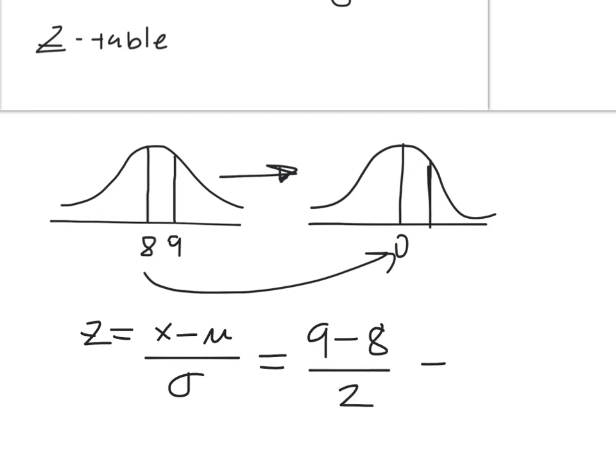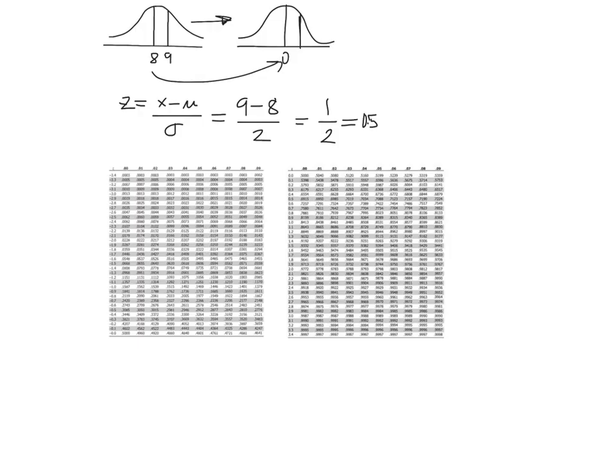So this is 1 over 2, and it's best to change this into decimals, and that is 0.5. This is the z-score for x equals 9.